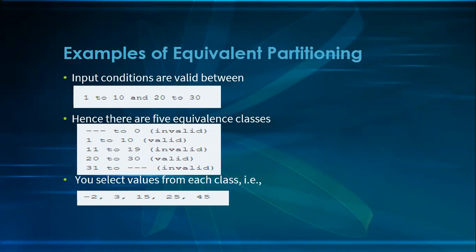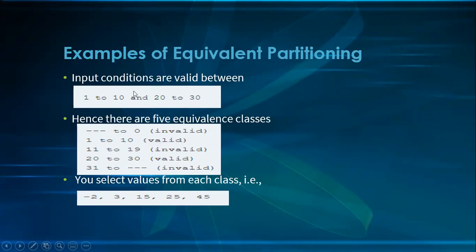It could be more than that, but the major part here is 5 equivalent classes, different lists. The reason why I took them as a class is that from minus 9 to 0 is one subset, is one class. The next one is from 1 to 10, which is our valid scenario.